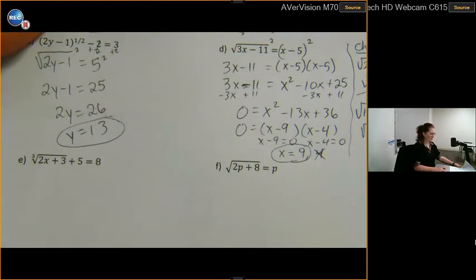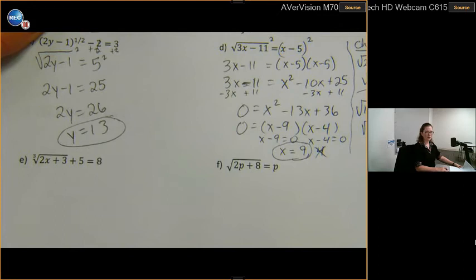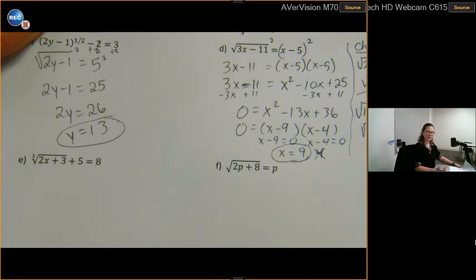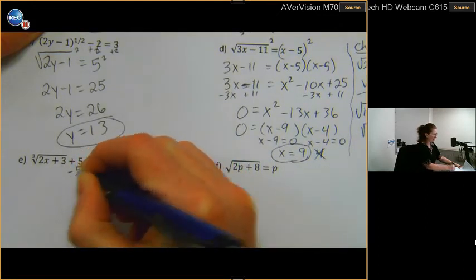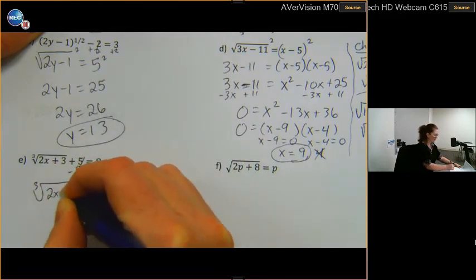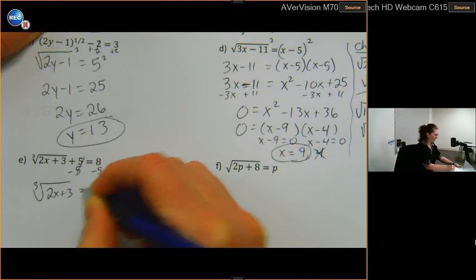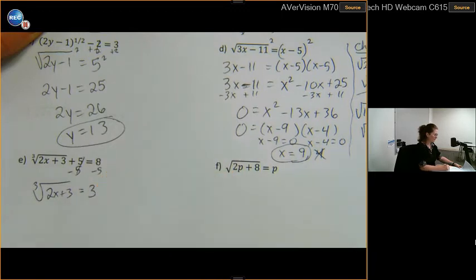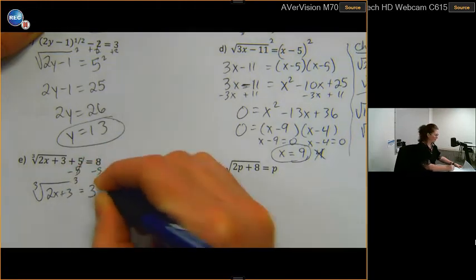Part E, we have a cube root instead of a square root. Now the first step is still the same. I'm going to subtract that 5 to isolate the radical expression. And then since it is a cube root, I have to cube both sides.